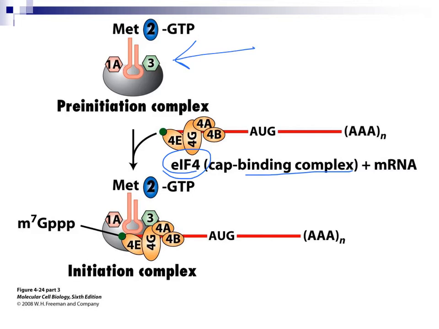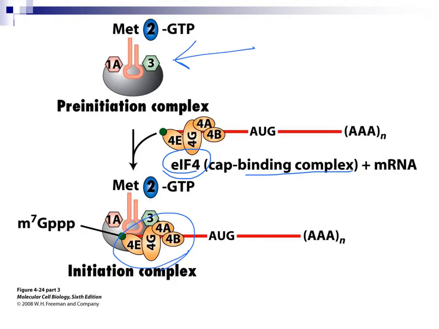Now here, that initiation factor 4, one of its jobs and why it's important is it's going to allow the ribosomal subunit to find the 5' end of the messenger RNA. Remember that in translation, the messenger RNA is going to be read from 5' to 3'. So the messenger RNA needs to start at the right end of the ribosome. It needs to find the ribosome at the correct end.